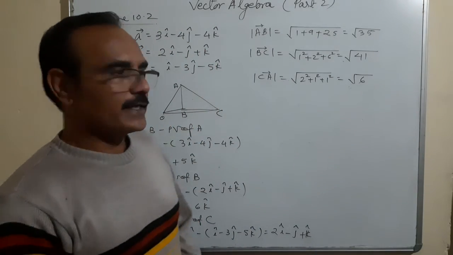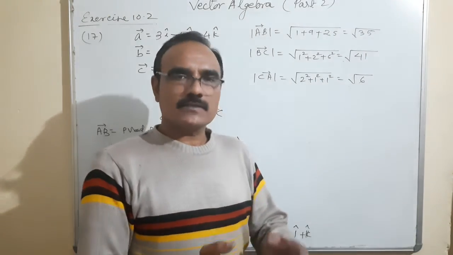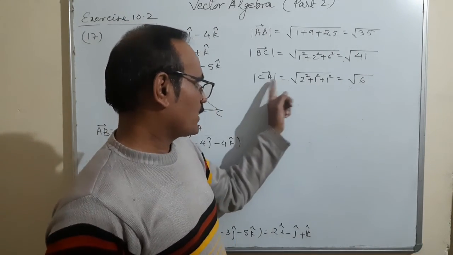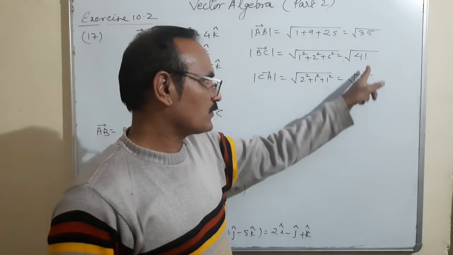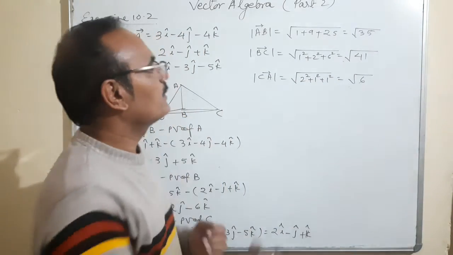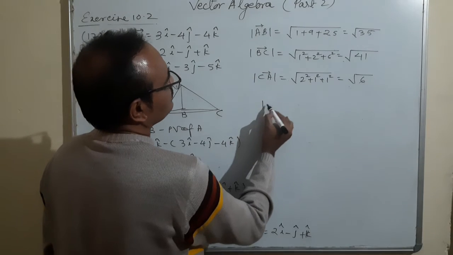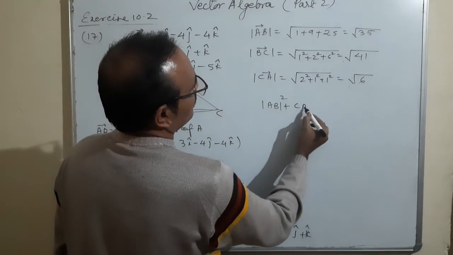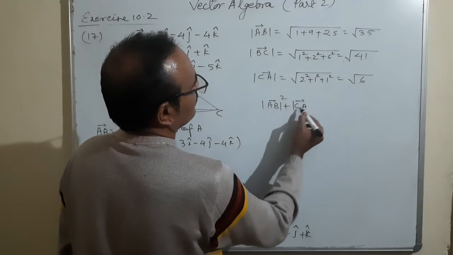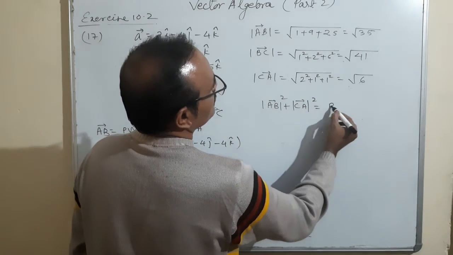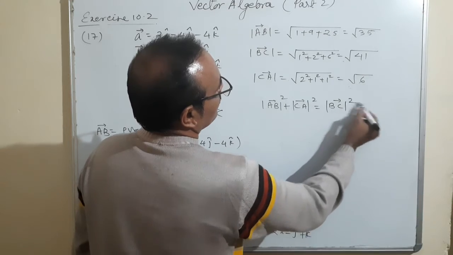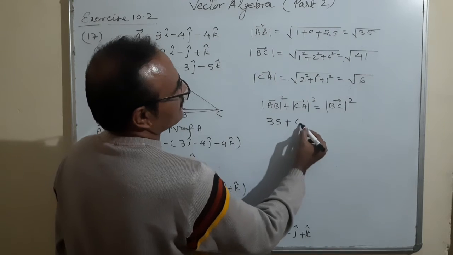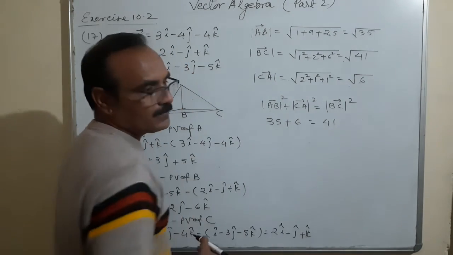And guys, you can understand the sum of squares of any two sides: squaring of AB plus squaring of CA, 35 plus 6, it is 41. Okay, so what does it mean? AB square plus CA square is equal to BC square. 35 plus 6 is equal to 41.